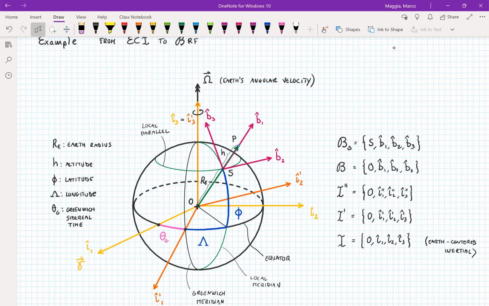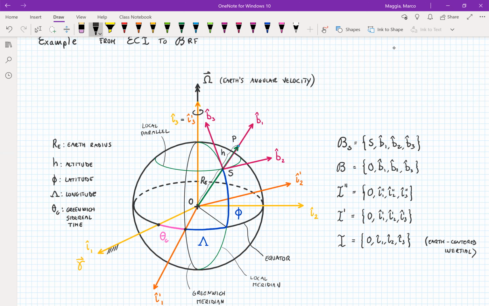All right, so now let's see our setup. We have the inertial frame of reference, as usual, indicated with the orange or orange-yellow colors. If you go back to a previous lecture, I don't remember if it was lecture 2 or 3, we defined all the reference frames.